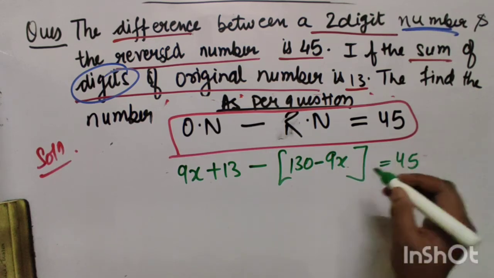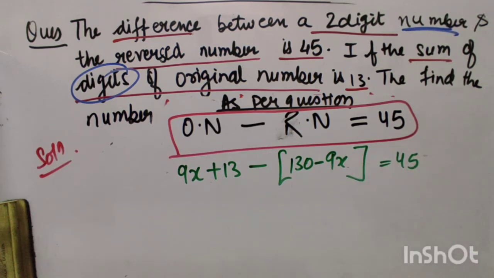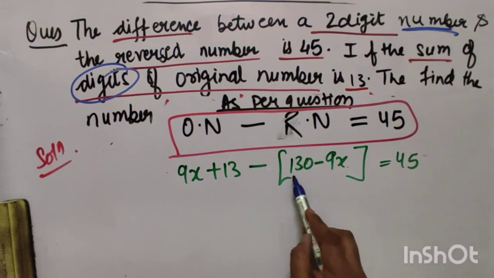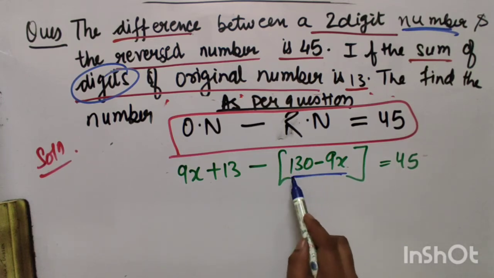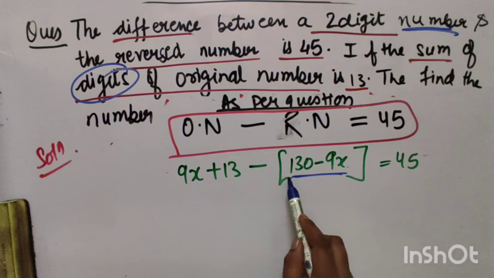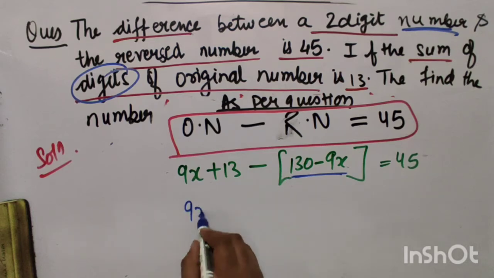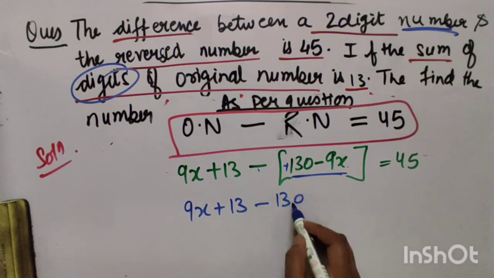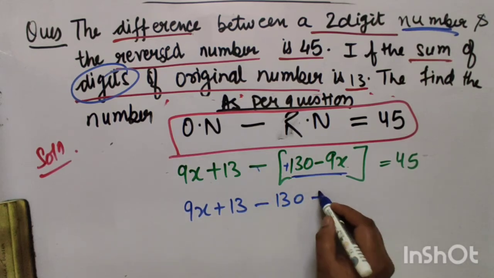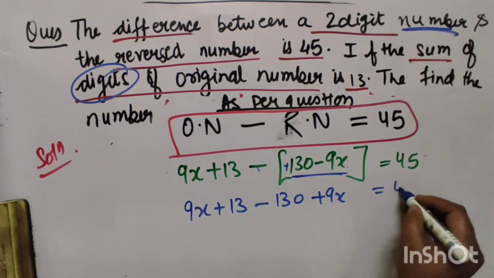You might be wondering why I have kept the reverse number in a bracket. Children, I hope you have not forgotten that when our number is in algebraic expression form, I have to keep it in a bracket, right? So now I'm going to open the bracket: minus plus minus, minus minus plus, right?